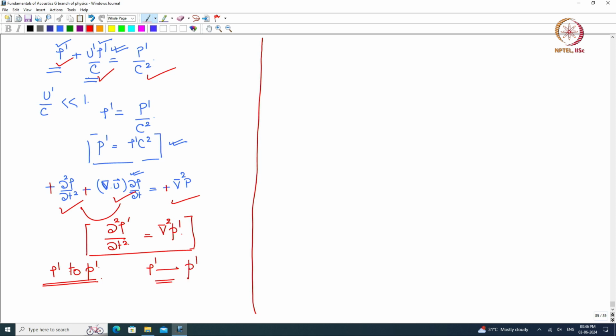Now let's see, we have the state equation for an ideal gas, given by PV is equal to mRT. V is the total volume, m is the total mass of the gas, R is the specific gas constant.